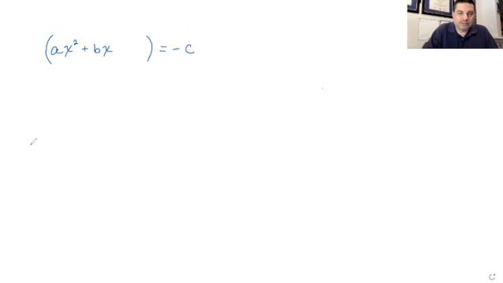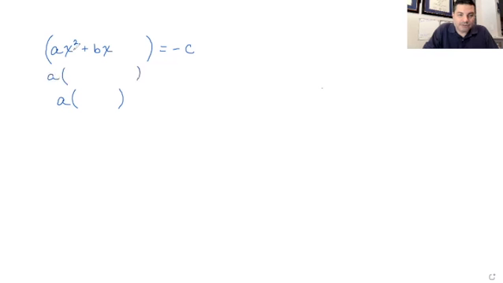In order to do that, first I want to factor out that a, because I want my first term inside the binomial to be x. When I factor out that a, I'm going to do another trinomial up here just to make it real clear.